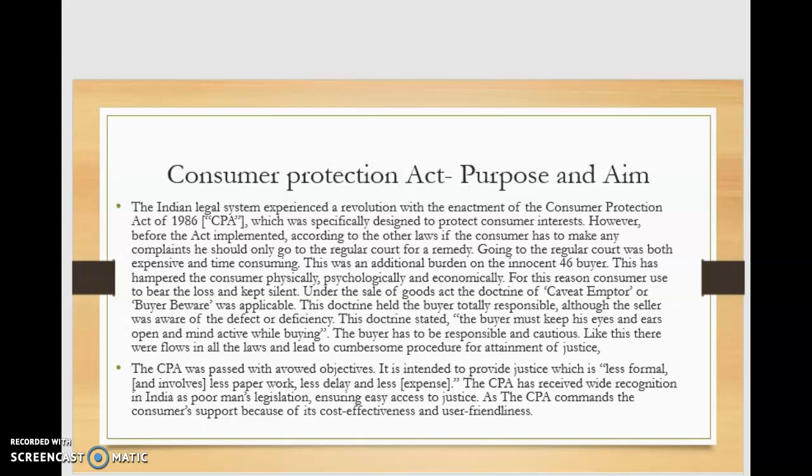Even a consumer can approach consumer courts without the help of an advocate. This is something that you should know, and that is why it is known as the legislation of the poor man. When we talk about the Consumer Protection Act, that is CPA, it simply gives a new dimension to rights that have been recognized and protected since the ancient period. It has just given a shape to these rights.